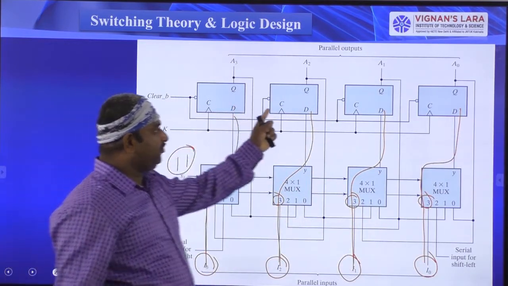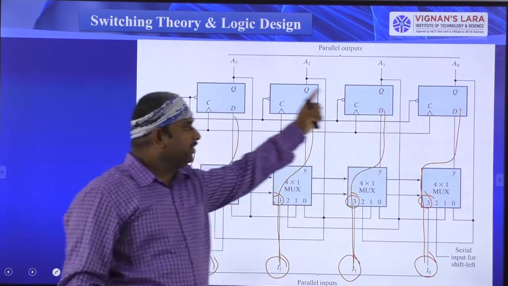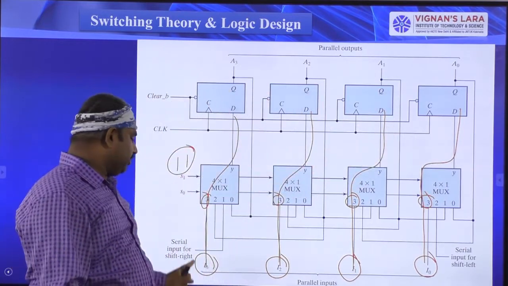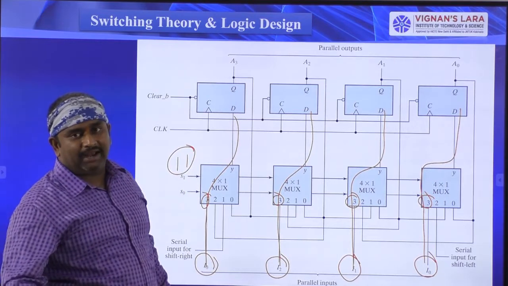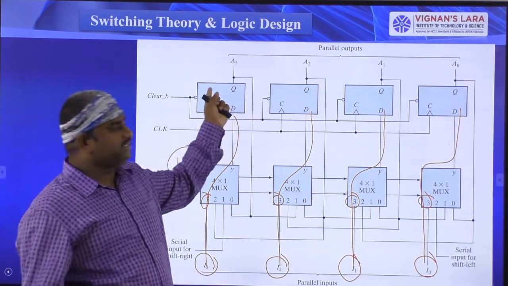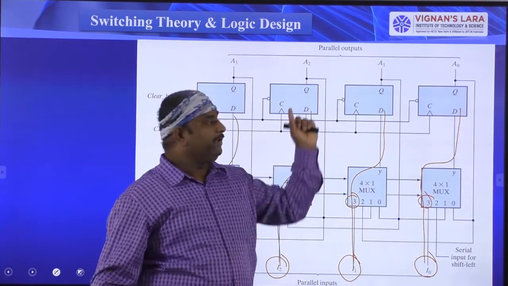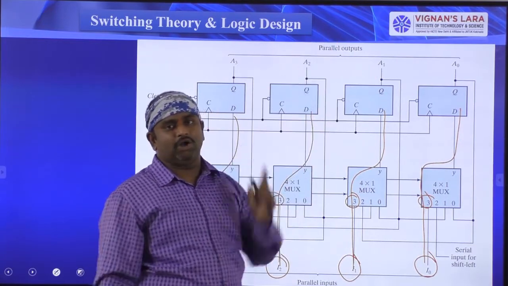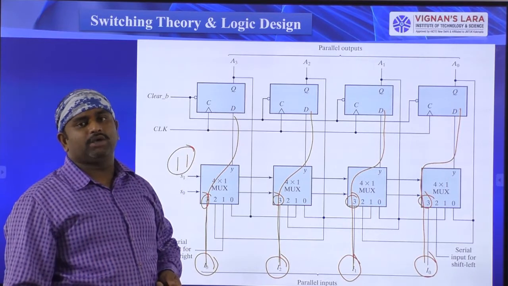First flip-flop, second flip-flop, third flip-flop, fourth flip-flop. So the D input is connected to I3. That is, parallelly I0, I1, I2, I3 data is entered into these 4 D flip-flops. The same output is presented at the output when you have given the clock signals.